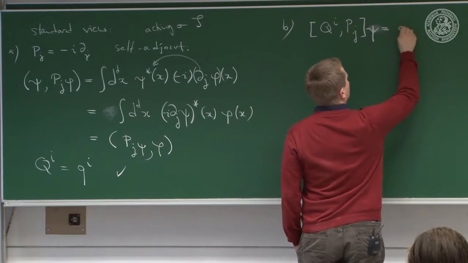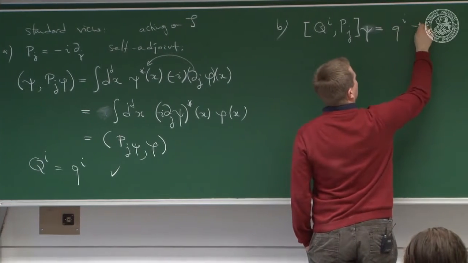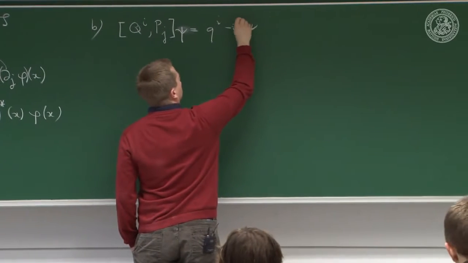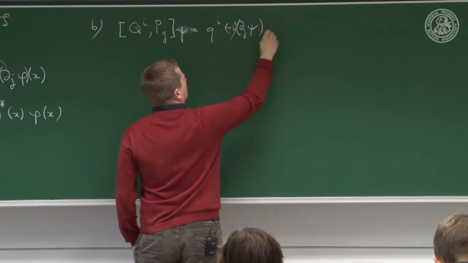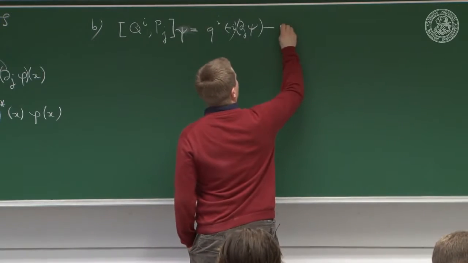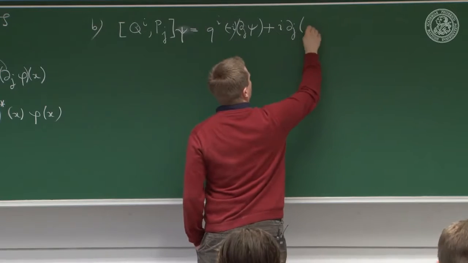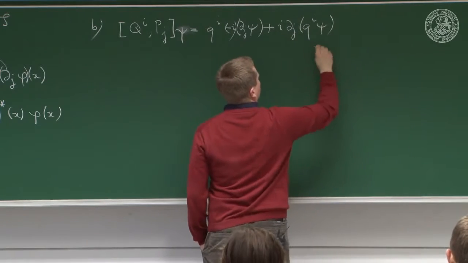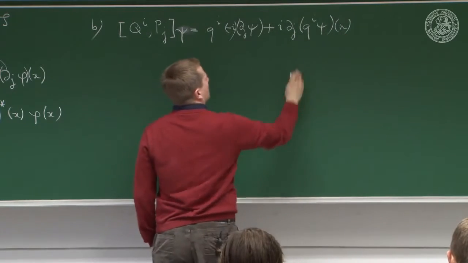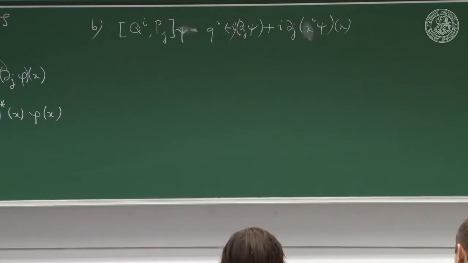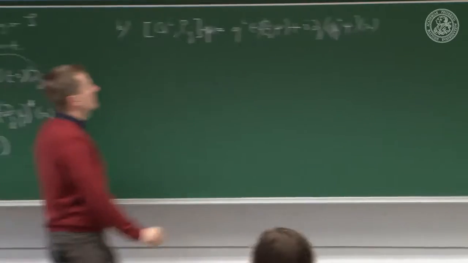Then you get Q_i minus i del_j acting on psi, minus, so plus i del_j Q_i acting on the psi of x.